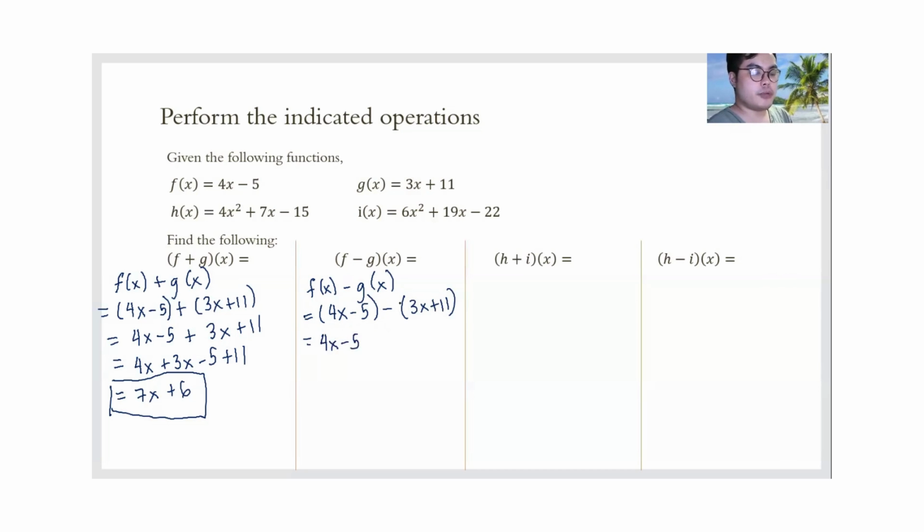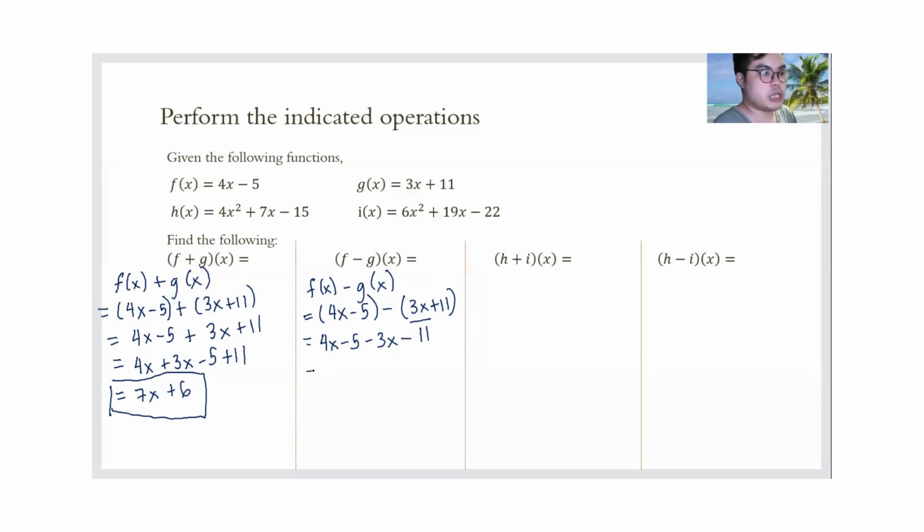Then since the operation is subtraction, we're going to change the sign of each term. A while ago, 3x is positive, right? Since it was positive, we're going to change it into negative since the operation is subtraction. Then, since 11 was positive, we change the sign since the operation is subtraction.